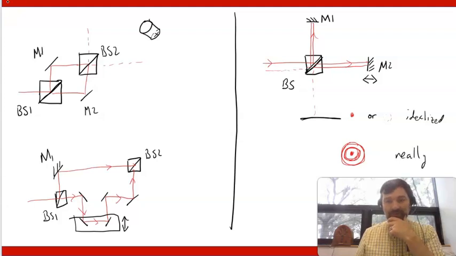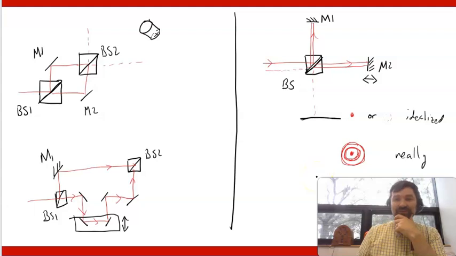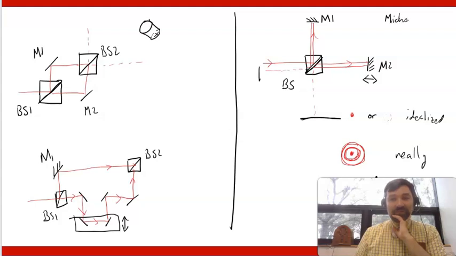And as it turns out, if I put the screen over here, whatever occurs on this screen over here will be the inverse of whatever is on this one. So if I have this bright spot, then I'll get a dark over here. If I have this pattern, then I'll have a dark inner fringe, then a bright, then a dark, then a bright, then a dark, as opposed to bright, dark, bright, dark, bright. So this is what's called Michelson interferometer.